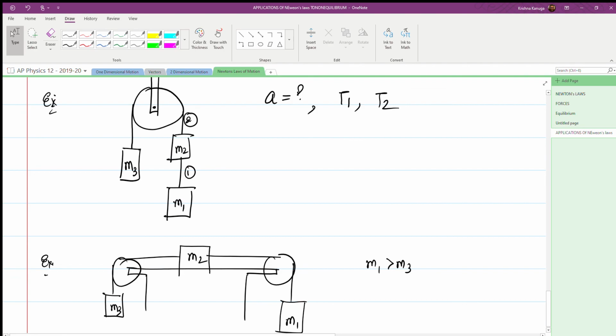Also, in the upper problem, assume that M1 plus M2 is greater than M3, and then solve based on that. So basically, we're going to assume that M1 and M2 are going to go down, and M3 is going to go up. Just make sure to account for all the forces, especially on the block M2. Do not forget about tension 1 acting on M2. Do all this, figure out your answers, check with each other, and that's it for this video.